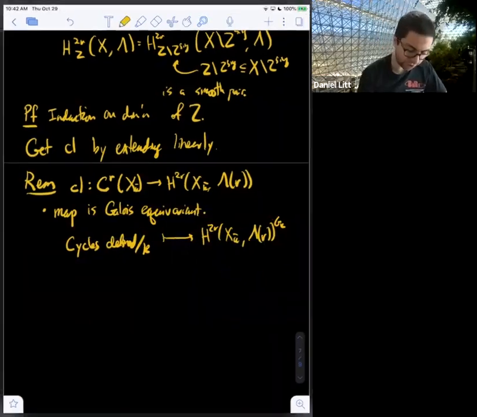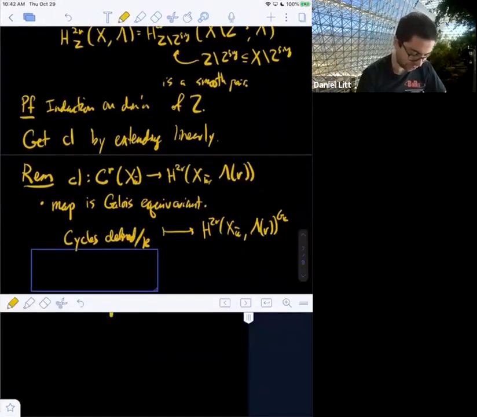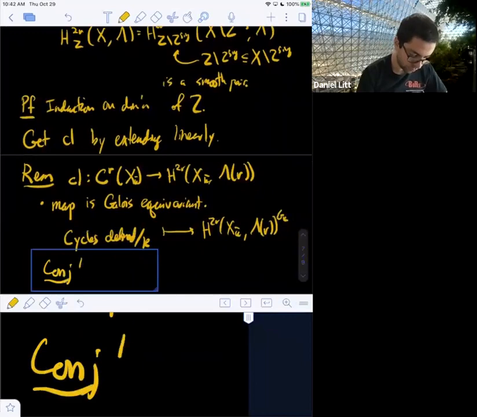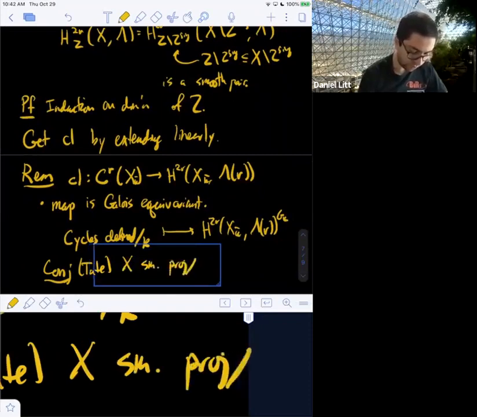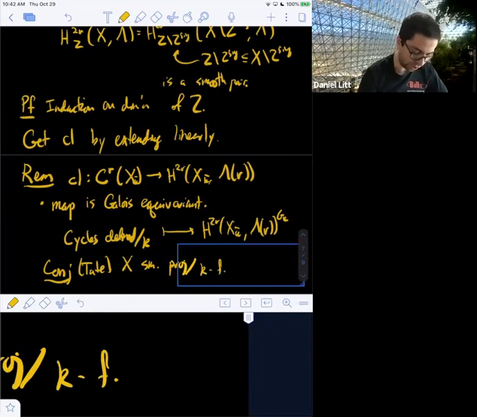So the conjecture, the Tate conjecture, or at least part of the Tate conjecture, is this. Let's suppose X is smooth and projective over K, which is a finitely generated field.